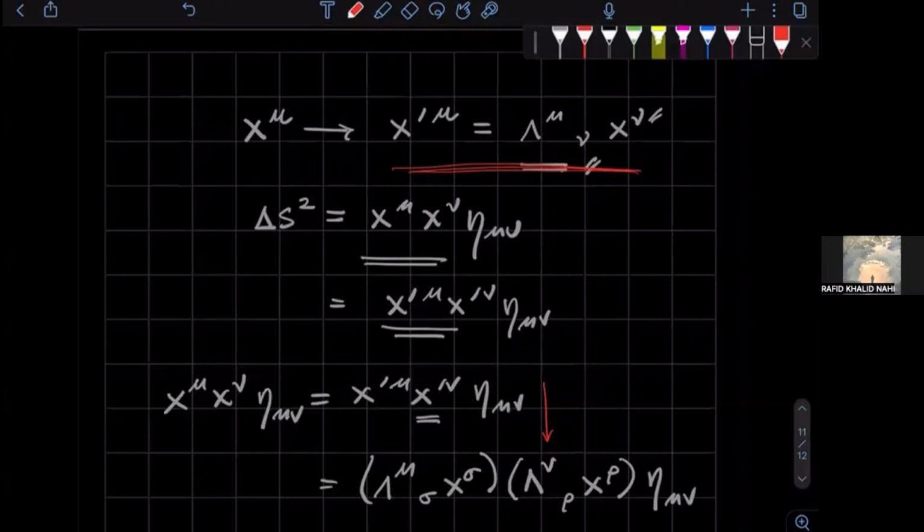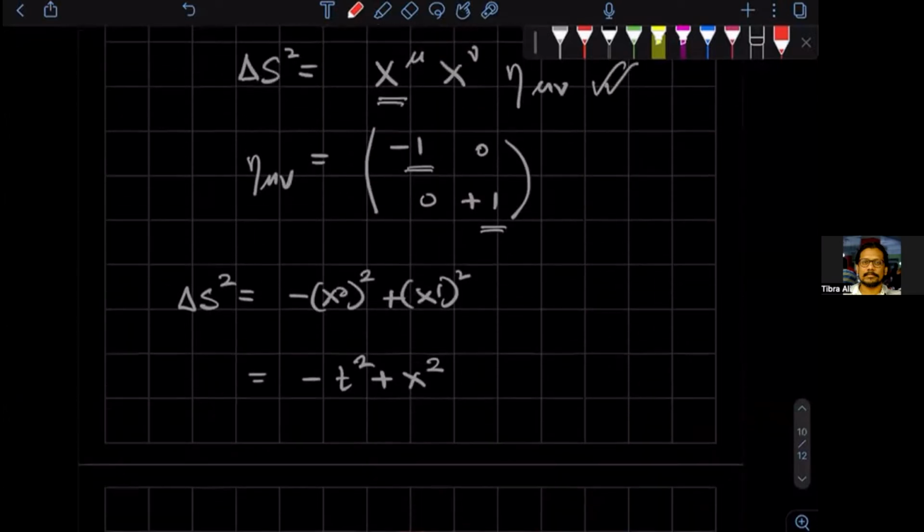Well, this is diagonal, so there is no cross term here.